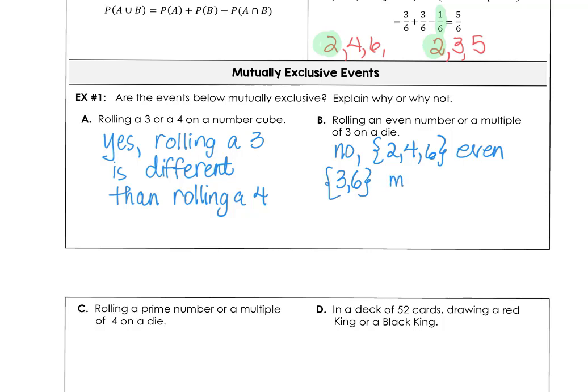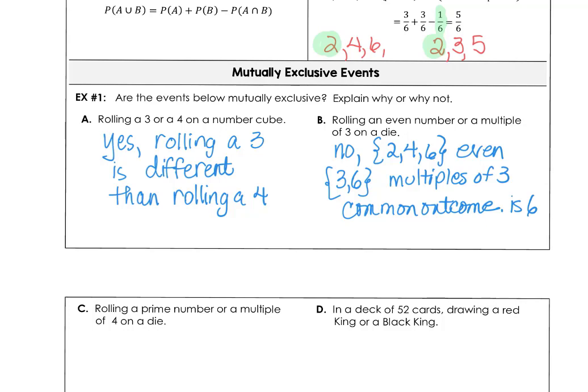Those are multiples of 3 on the die. So we have a common outcome of 6 in those two sample spaces. They are not mutually exclusive because of that common outcome.